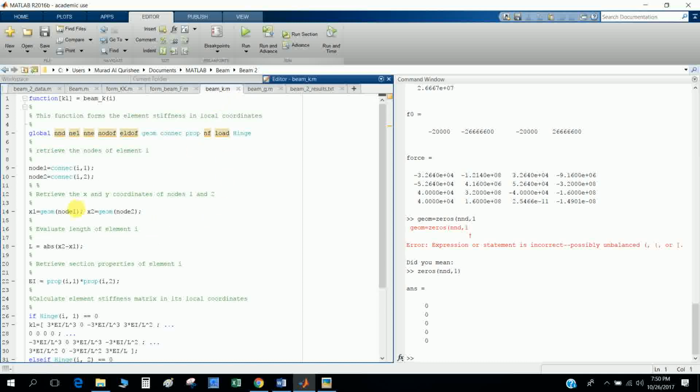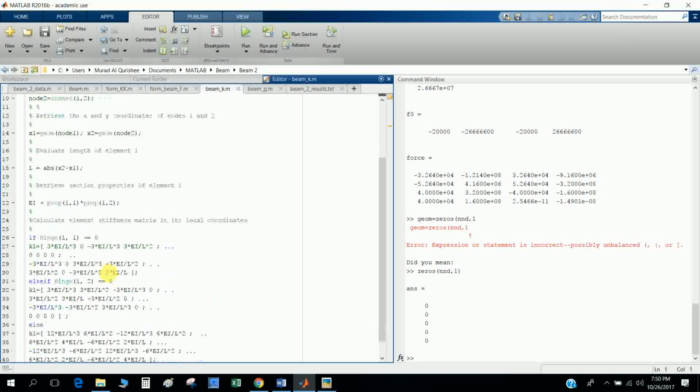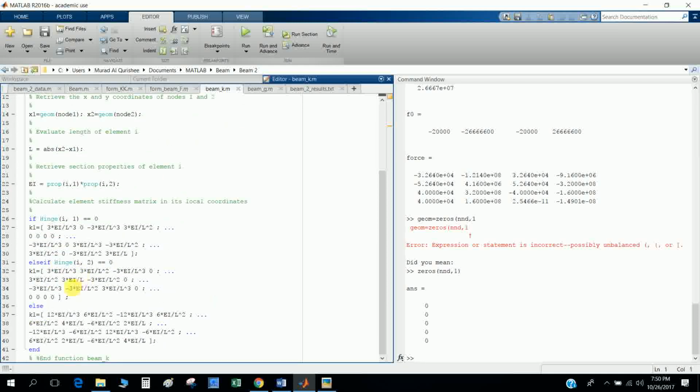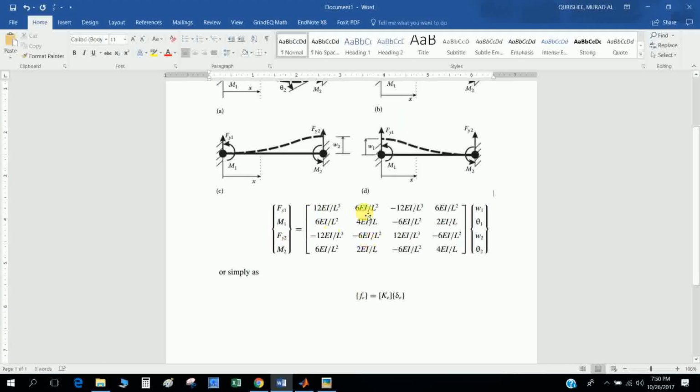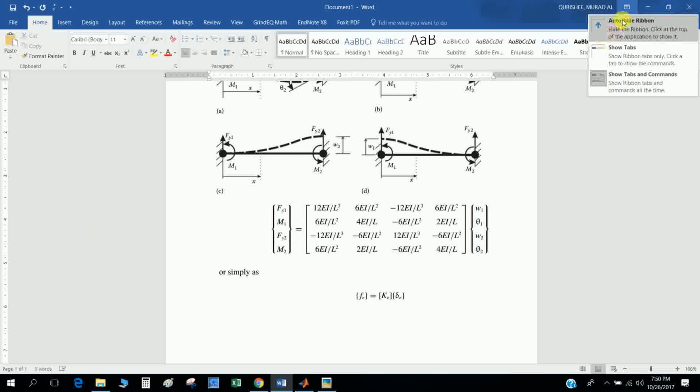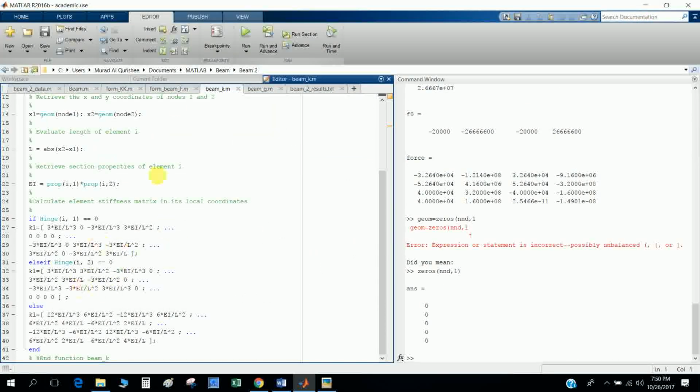And there is the element stiffness in local coordinates. So here I define K1, KL. It depends on the number of hinge conditions. And this is the local matrix. So I define the local matrix here.